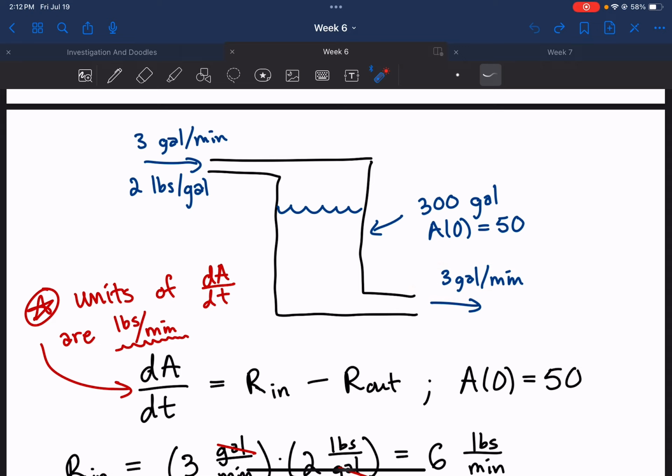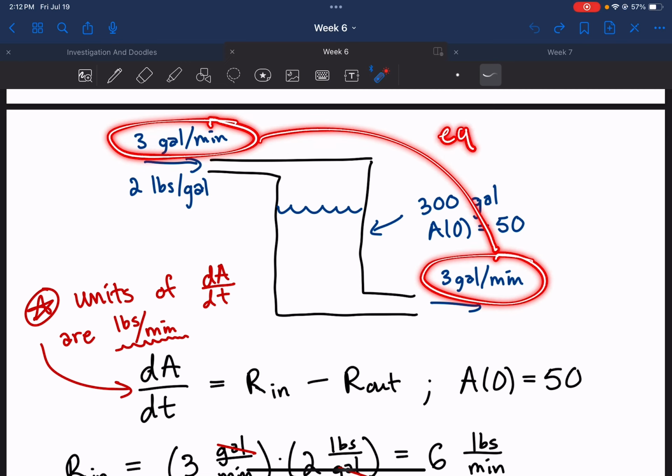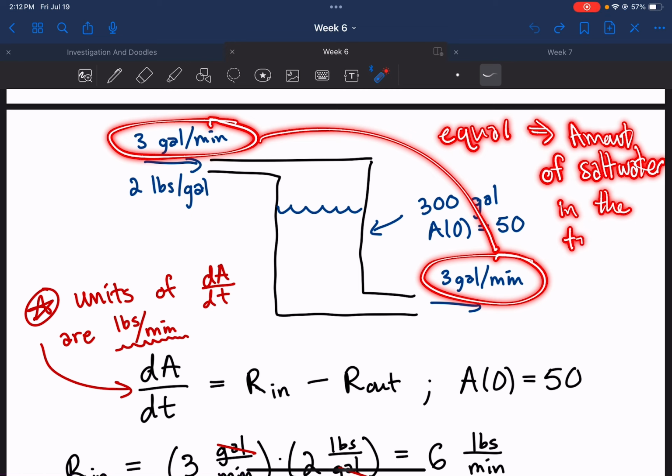The first thing we should note is that since the input rate of actual salt water and the output rate of salt water are equal, that means that the amount of salt water in the tank will always be 300 gallons, right?